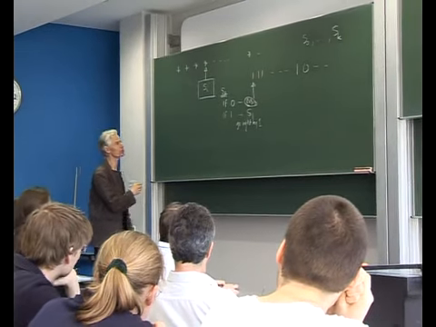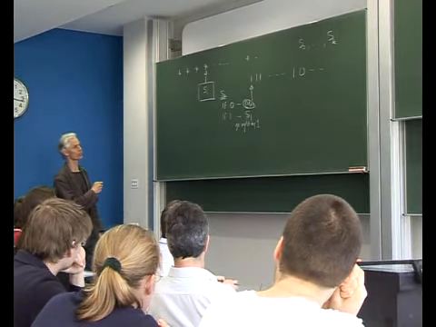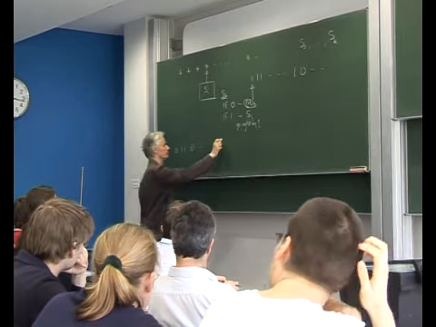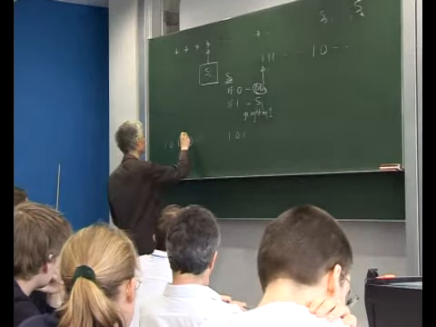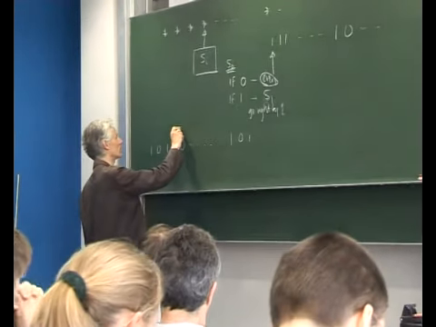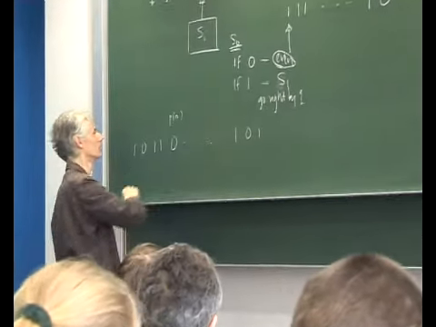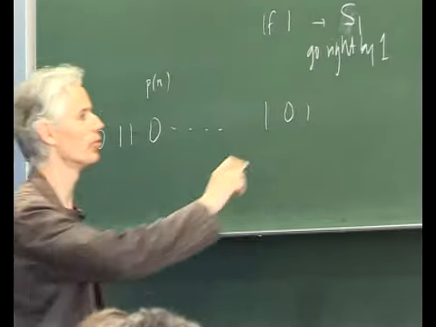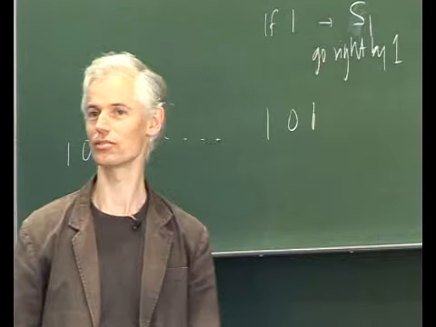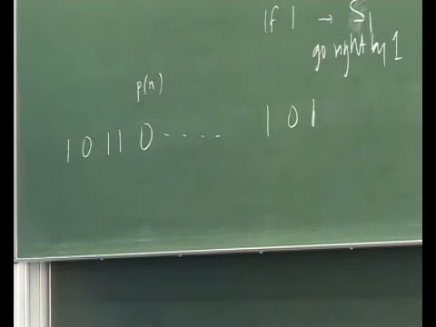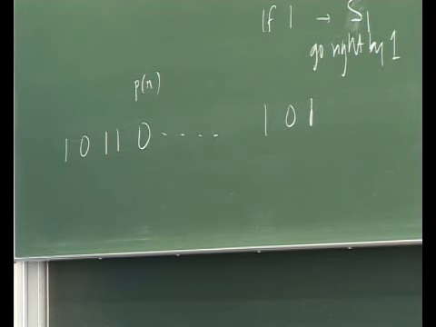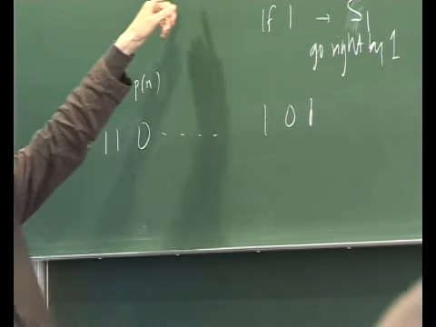So if we want to encode what's going on at a certain stage of the computation, then we should do it as follows. We have a whole lot of bits, let's say polynomial in n bits, that tell you what the tape looks like at this particular stage of the computation. But we also want to encode the Turing machine itself.